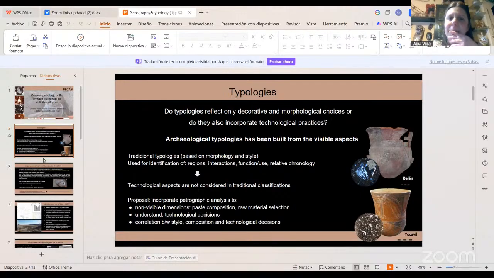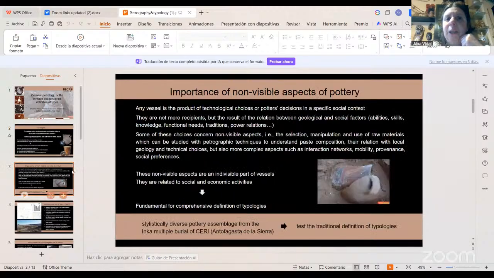So we have discussed what typologies include, and suggest the possibility of incorporating petrographic analysis to redefine typologies. We know that non-visible aspects reflect many things, particularly technological choices or potters' decisions in a specific social context.